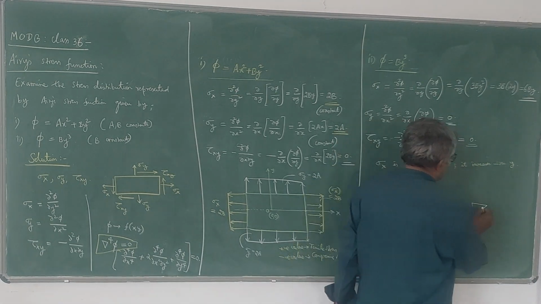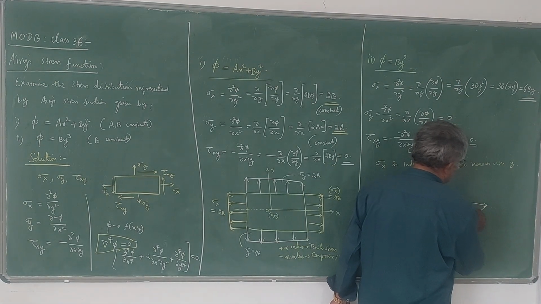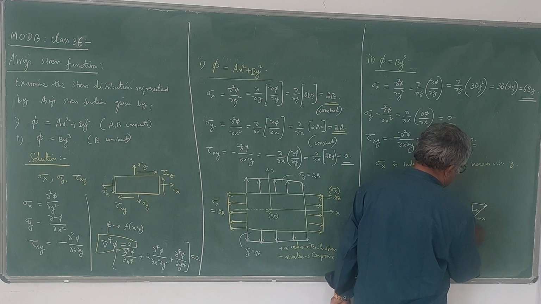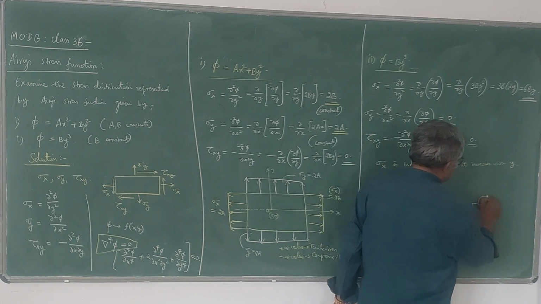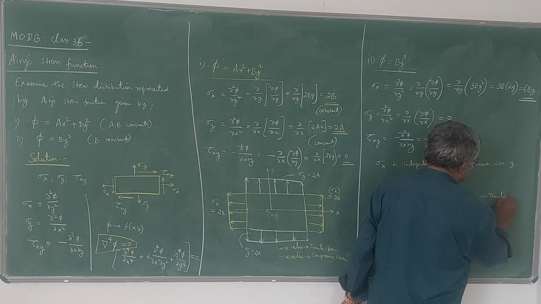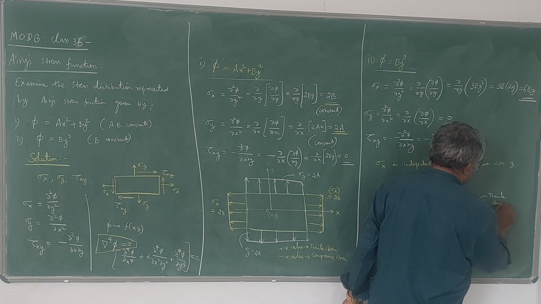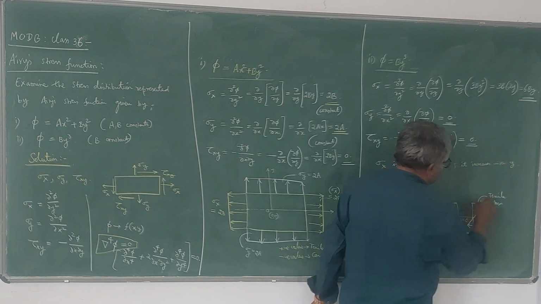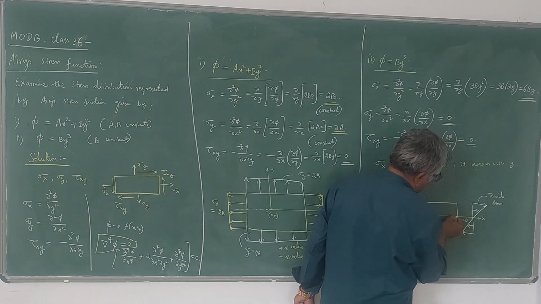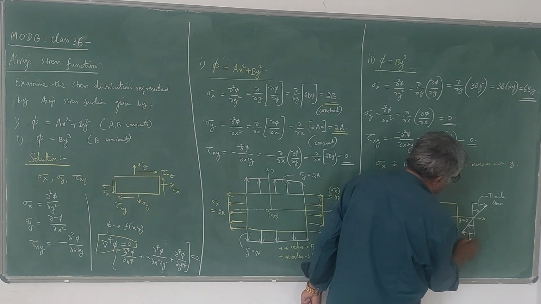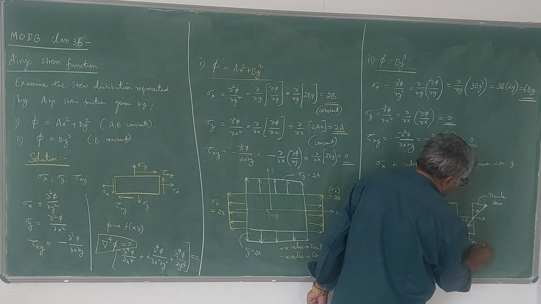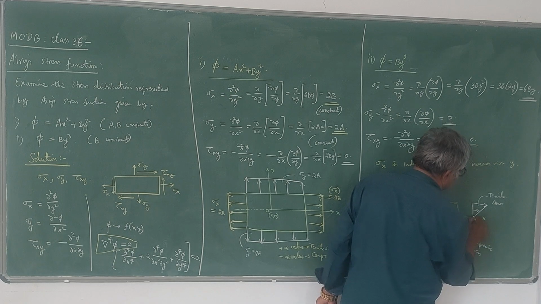Therefore, the stresses will be of opposite nature. So here it is tensile, whereas here it is compressive. Please note that. Because y is positive, sigma x will be positive, that is tensile. When y is measured downwards, then it is compressive stress. But it increases. At y equal to 0, stress is also 0.